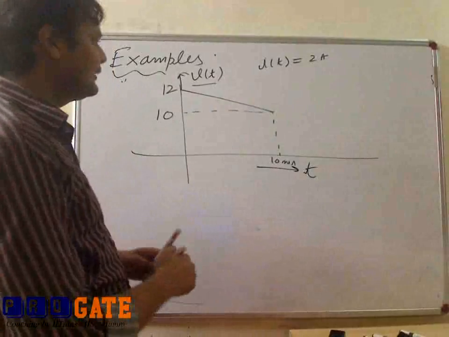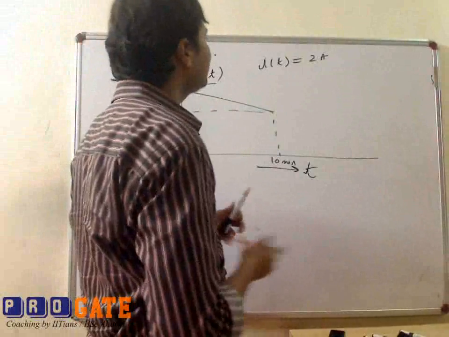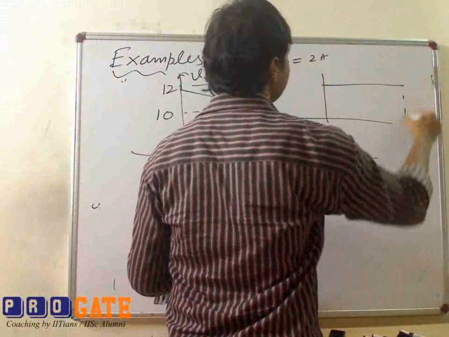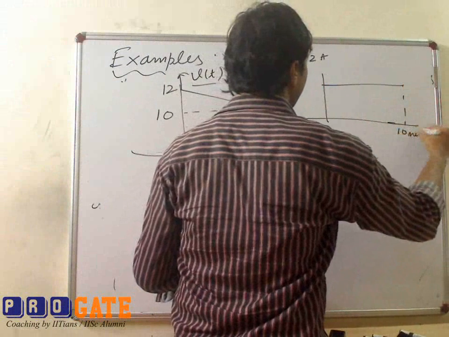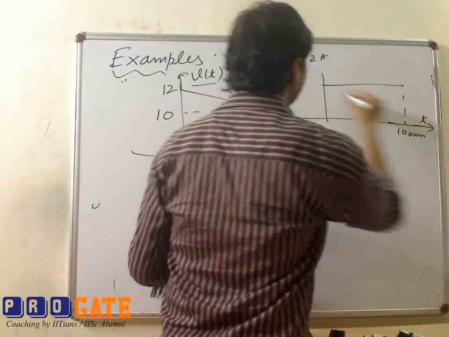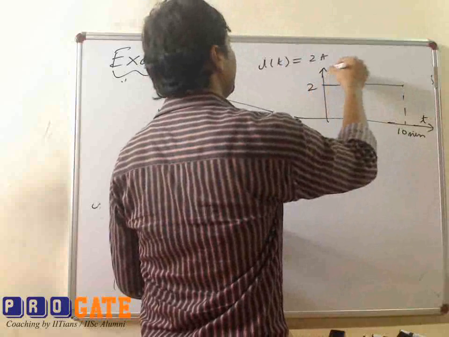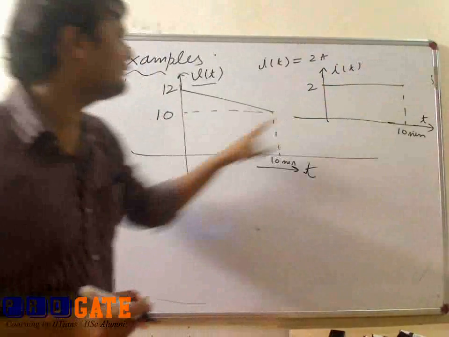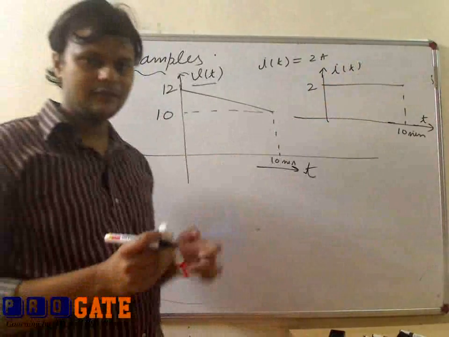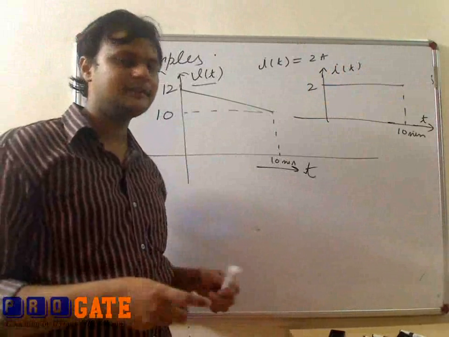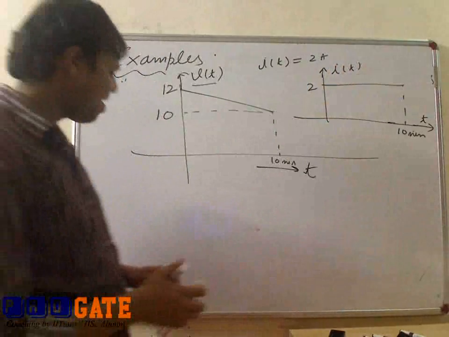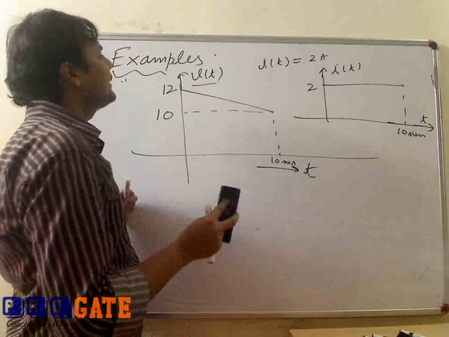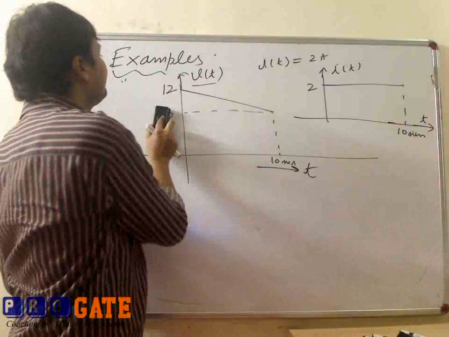So I am multiplying. What will be the waveform of this current source? It is simply 2 amperes up to 10 minutes. This is current. If I multiply this curve by this curve, I will get instantaneous power. So multiply this by 2 amperes, what will you get?